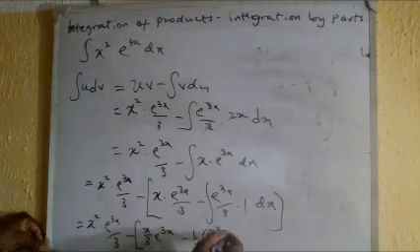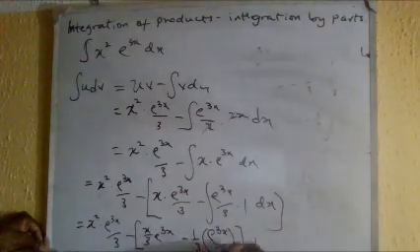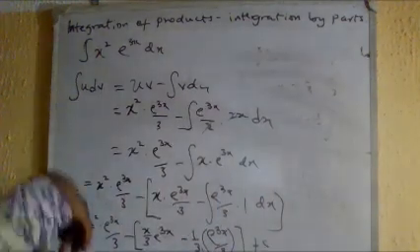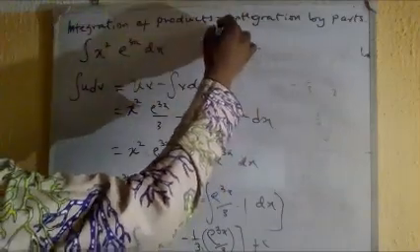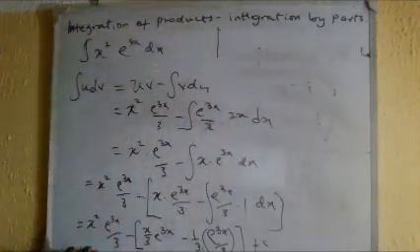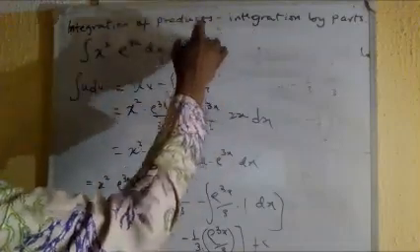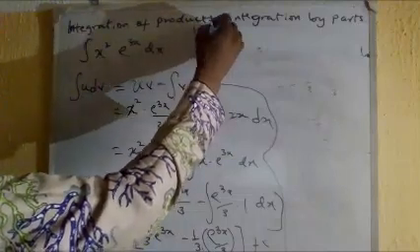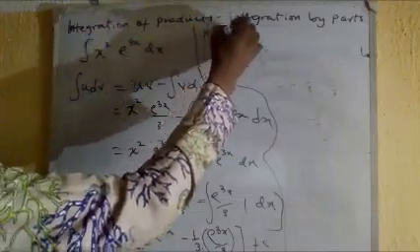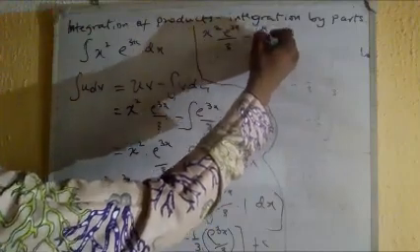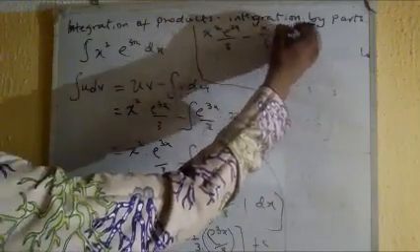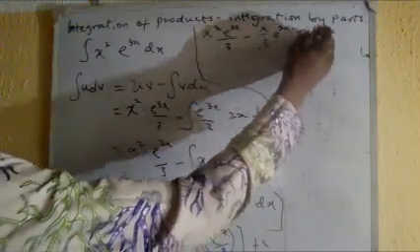So this is what I have. Those are very interesting. So from here now, let me just simplify this. I have x squared exponential 3x over 3 minus x over 3 exponential 3x, then this one will be plus 1 over 9 exponential 3x plus c.